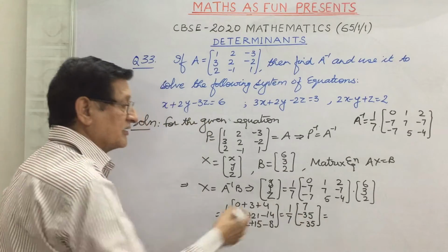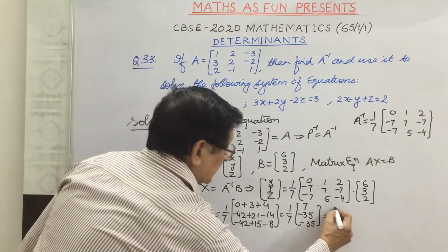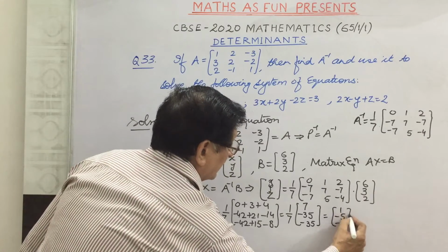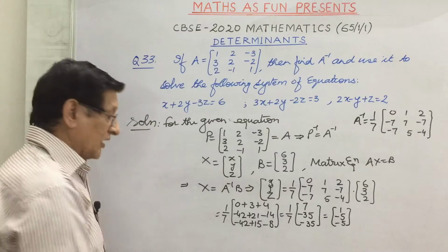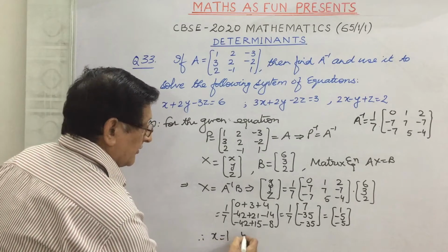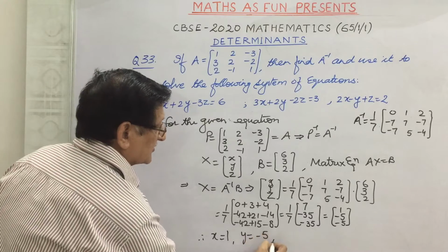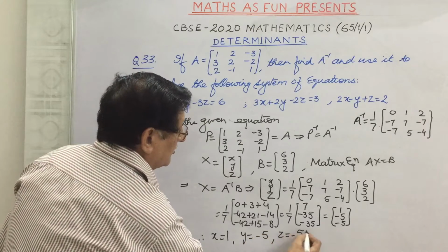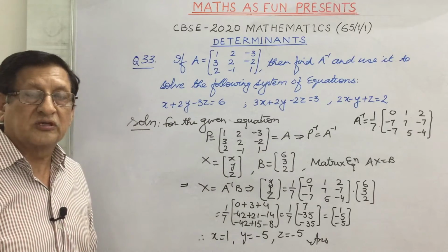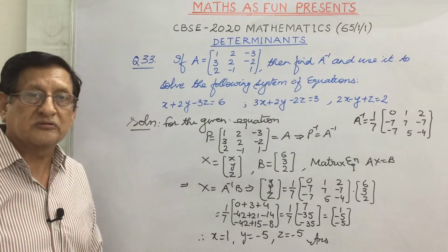And when we divide them by 7, it comes as 1, minus 5, minus 5. So the answer comes as x is equal to 1, y equal to minus 5 and z equal to minus 5. This is the way we can find out the solution of the given equation by using A inverse.